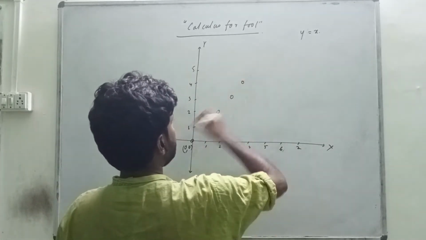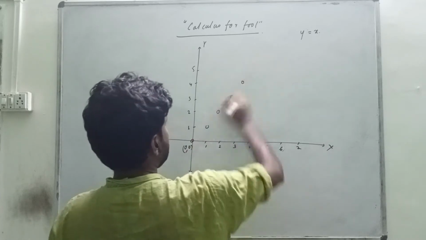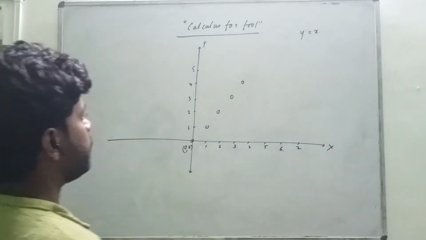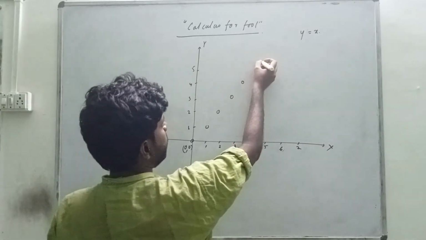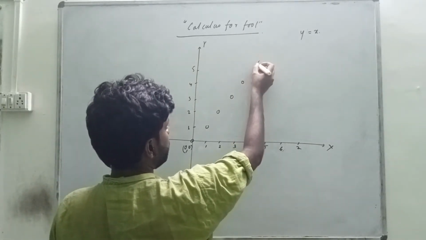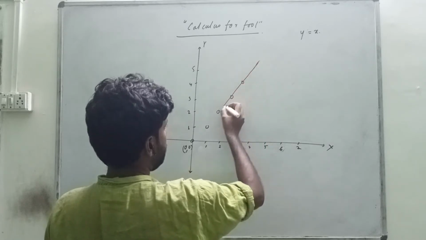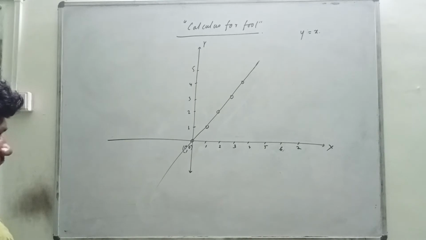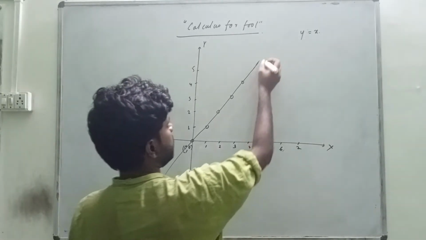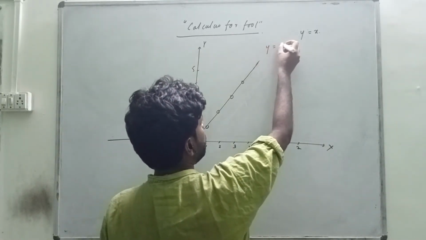And if I join these points with a line, it is obviously a straight line, right? The name of this straight line is y equals x.